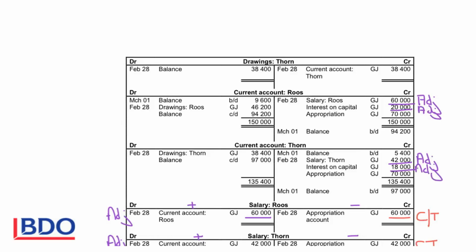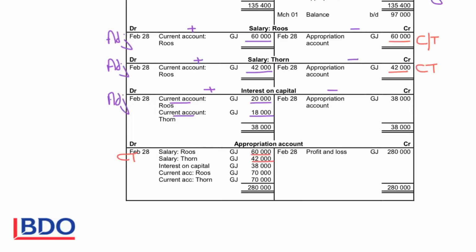We will now complete a closing transfer to transfer the interest on capital to the appropriation account. So the interest on capital account is closed off on the credit side with 38,000 to close the account, and the amount is transferred to the appropriation account on the debit side, 38,000.